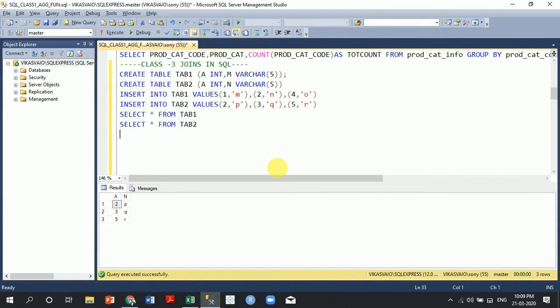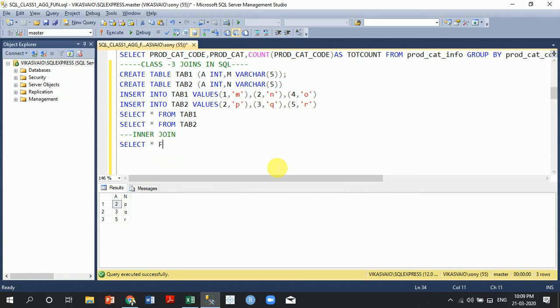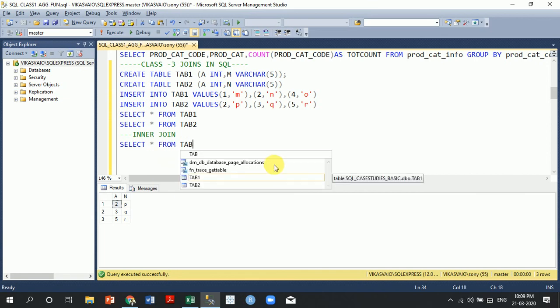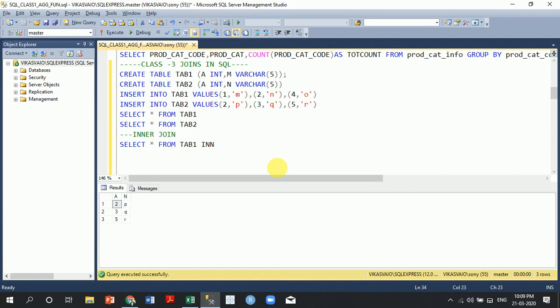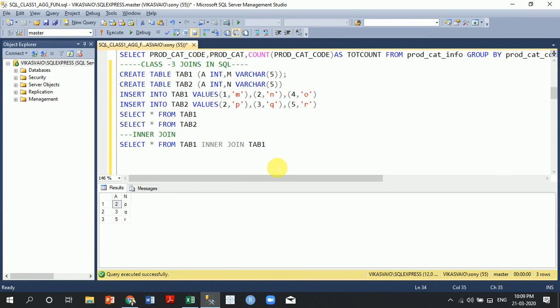So if I want to see the result, I'll write select, and what I want to select, star. This is for inner join, so let's make a comment first, inner join. Select star from tab 1 inner join tab 2, where, or not where.